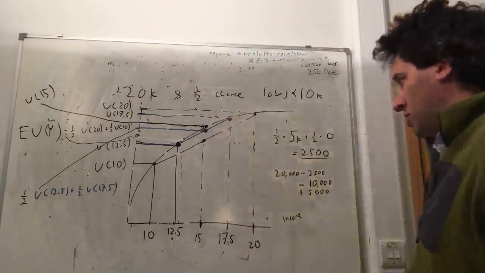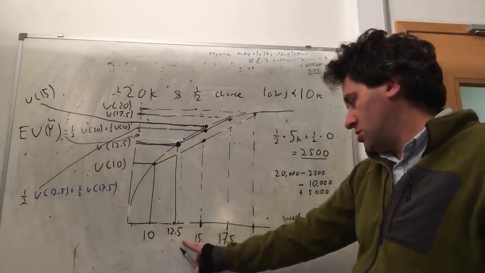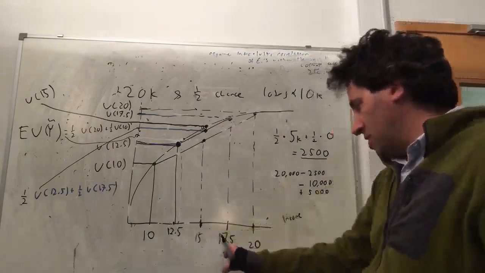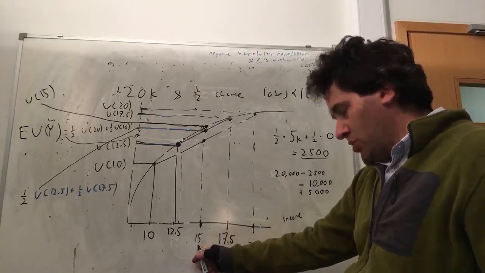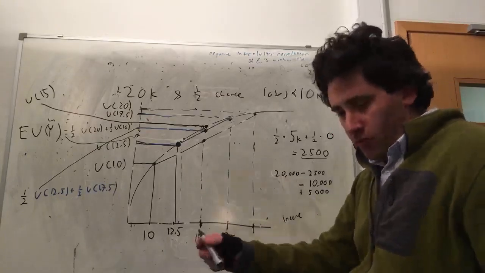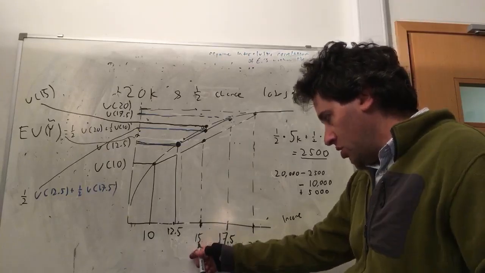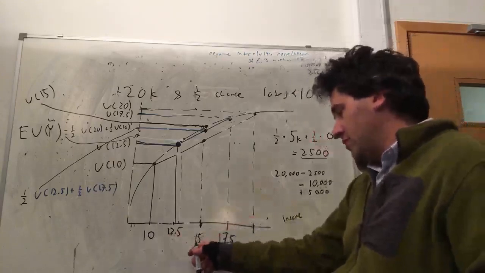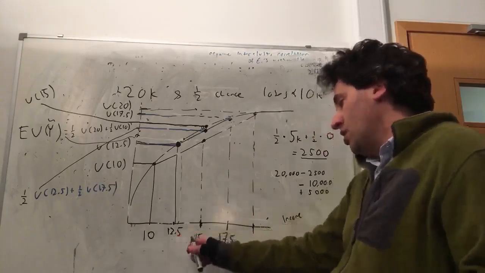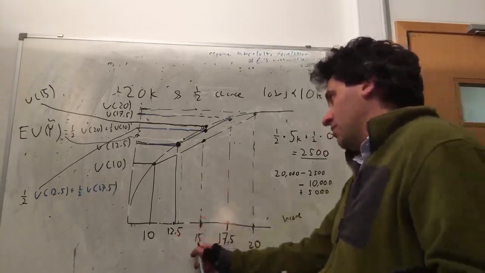Well, that's not surprising, because having this half the time and this half the time is an expected monetary value of 15, but we know that a risk averse person always prefers the expected monetary value for certain over a gamble. They always prefer to have 15 for certain than any gamble that involves some risk with the same expected value.